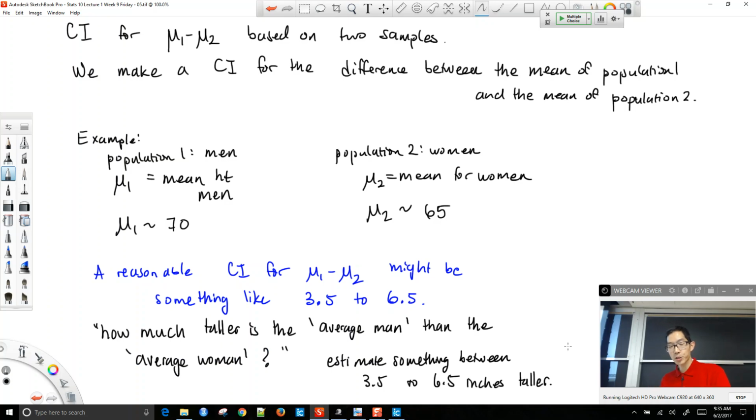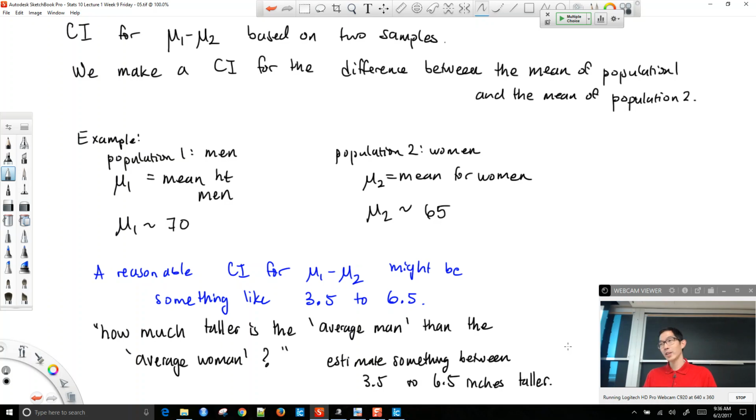And we are only talking about the mean of population 1 and the mean of population 2, okay? We're not talking about individuals. If we were to pick an individual man and an individual woman, those individuals could have drastically different height differences. We could have a woman who is very tall and a man who is short, or vice versa.